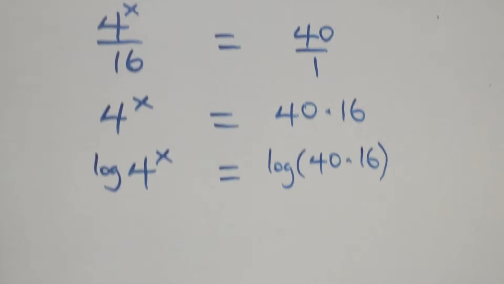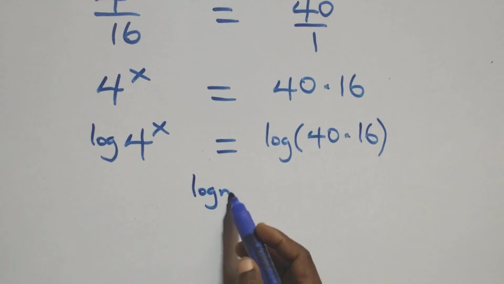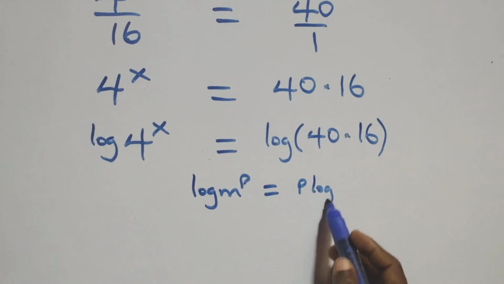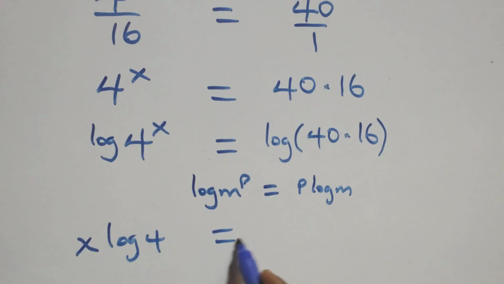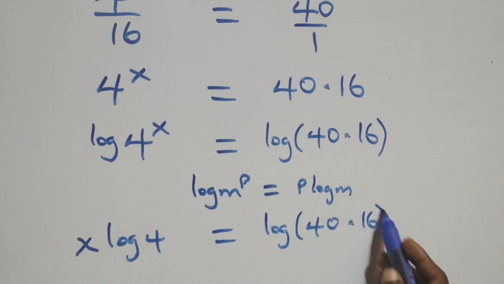Here we apply the power law of logarithm. When we have log m raised to power p, it is the same thing as p log m. And here we have x log 4 equals log 40 times 16.